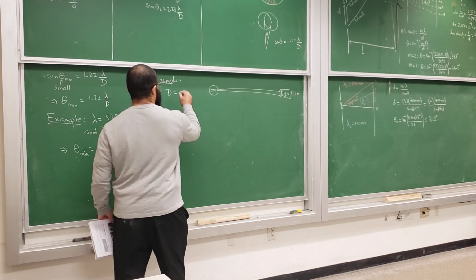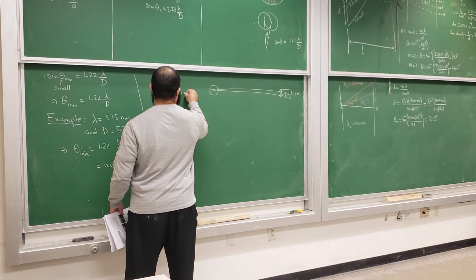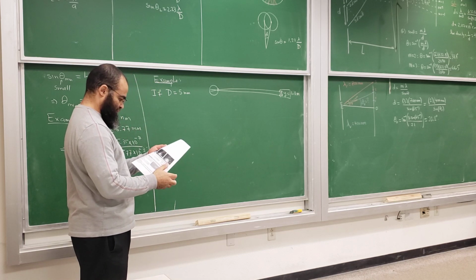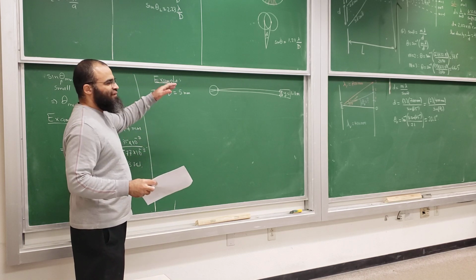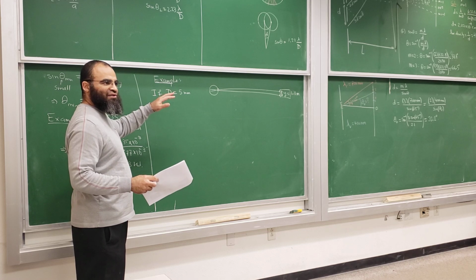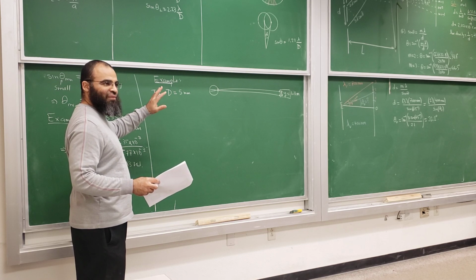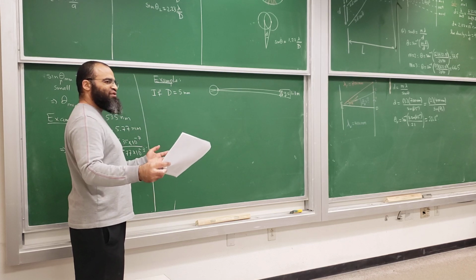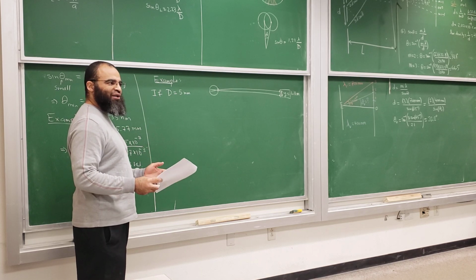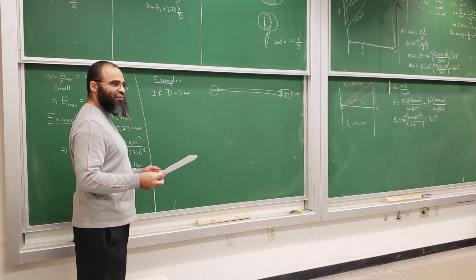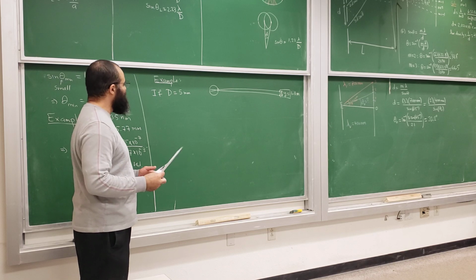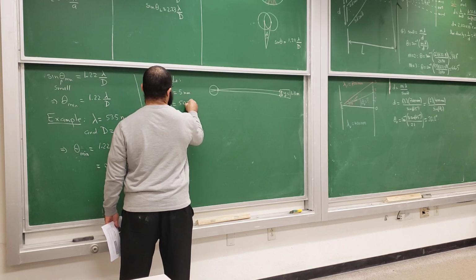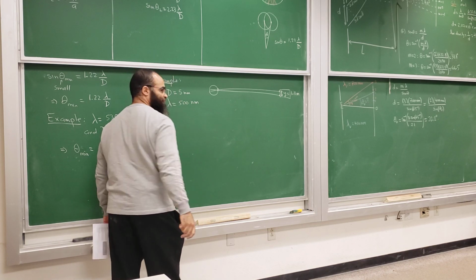And the car's headlight is not laser light, it's going to emit a band of wavelengths. But let's say on average 400 to 700, so halfway is about 500 nanometers. So let's assume lambda is 500 nanometers.